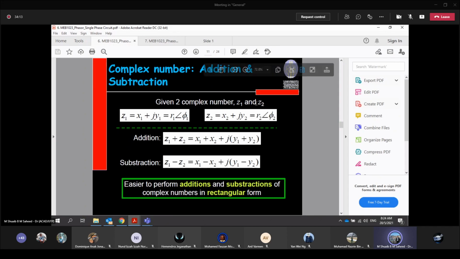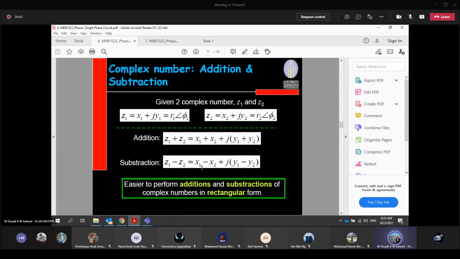Now the addition and the subtraction, some simple mathematical analysis. If you have two complex numbers, Z1 and Z2, and you want to add, just use the rectangular form. Similar with subtraction. You just add the real part on one hand and the imaginary part on the other hand.